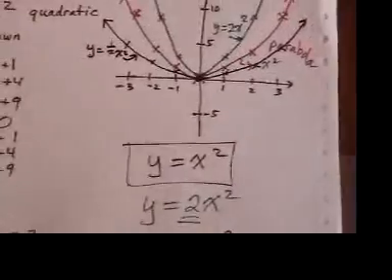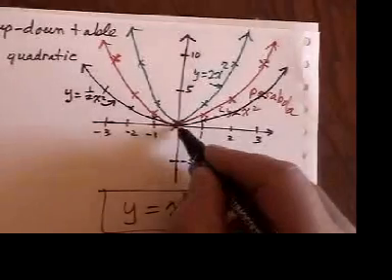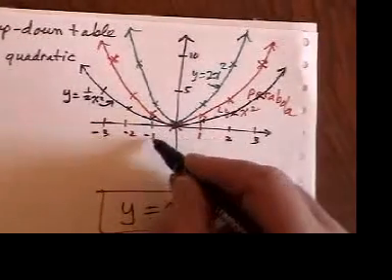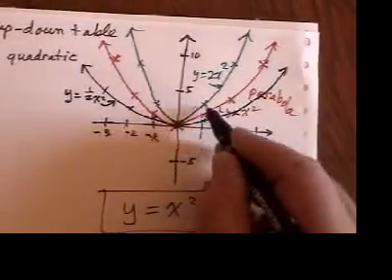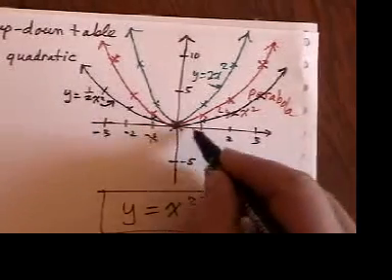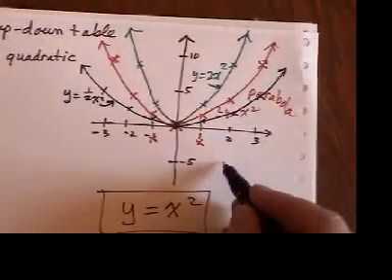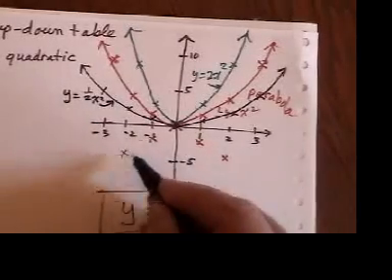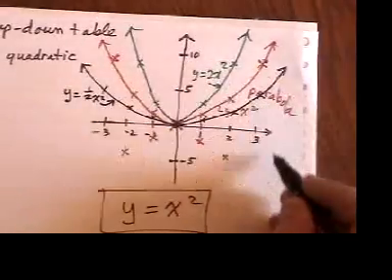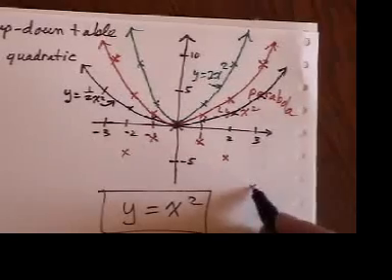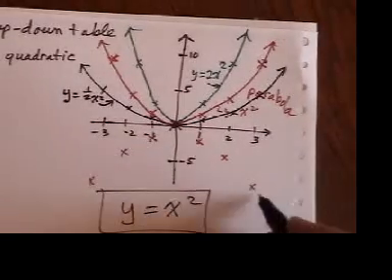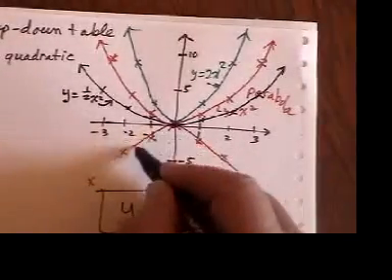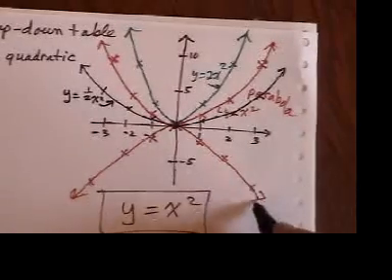So what happens on my graph is I go over 1, instead of going up 1, I go down 1. Over 2 instead of up 4, I go down 4. Over 3 instead of going up 9, I go down 9. And I get an unhappy parabola.